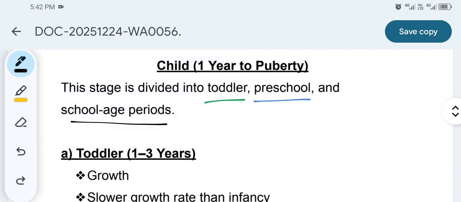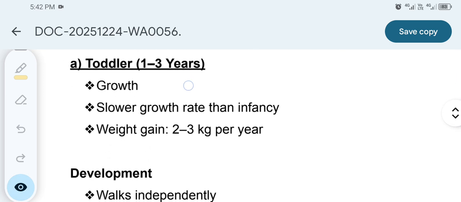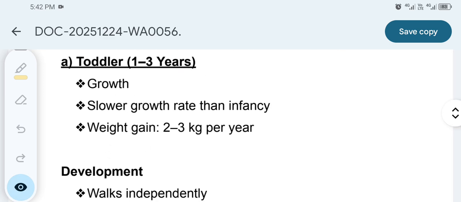Okay? So now we want to look at the child who is 1 year to puberty. We want to discuss what they should achieve within this period. We have a toddler. A toddler is someone who is 1 year old to 3 years. Okay? So now, how is the growth of a toddler?